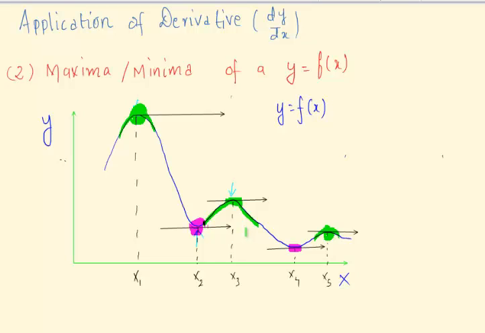Same goes with all minima points. The slope of the tangent at minima x2 and x4 is also 0. So, given a curve y equal to f(x), we have seen at all maxima and minima points, the slope of the tangent must be 0, whether it is maxima or minima.